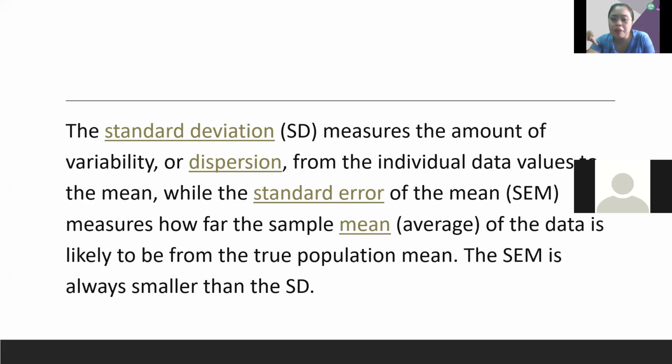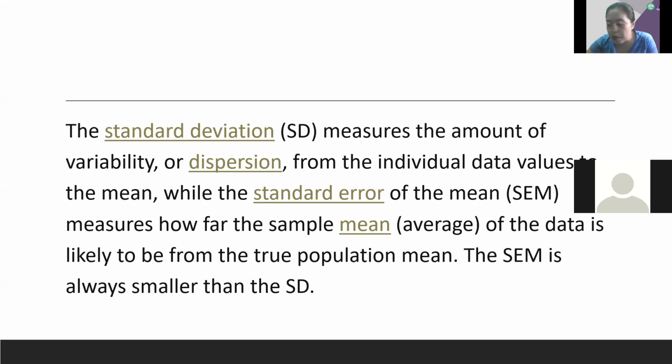Yung standard error of the mean kasi is mostly on the true population mean. Whether the data collected is close to the true or the correct value, the true population mean. But you expect class that the SEM is always smaller than the standard deviation kasi you will use the standard deviation in the computation.